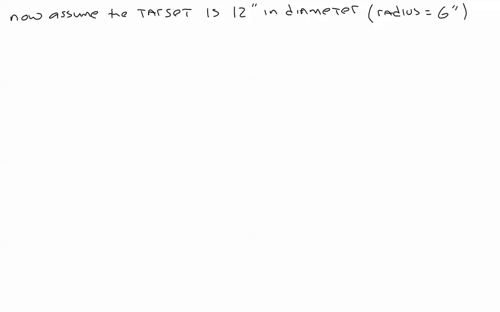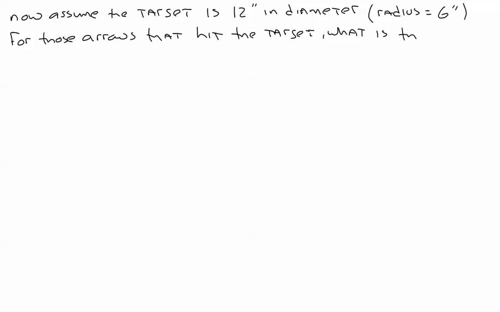Okay? And what I want to find is the mean distance from the center of the target for all those arrows that actually hit the target. All right? For those arrows that hit the target, what is their mean radius?